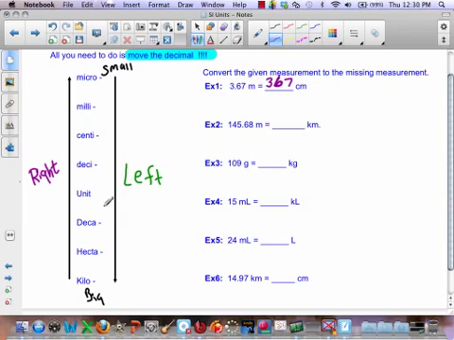So we start at the unit. Starting at the unit, we move it 1, 2, and 3 to get to the kilo. We'll move that 1, 2, 3 units to the left, and we're left with 0.14568 kilometers. Okay, I want you guys very quickly to do 3 through 6.